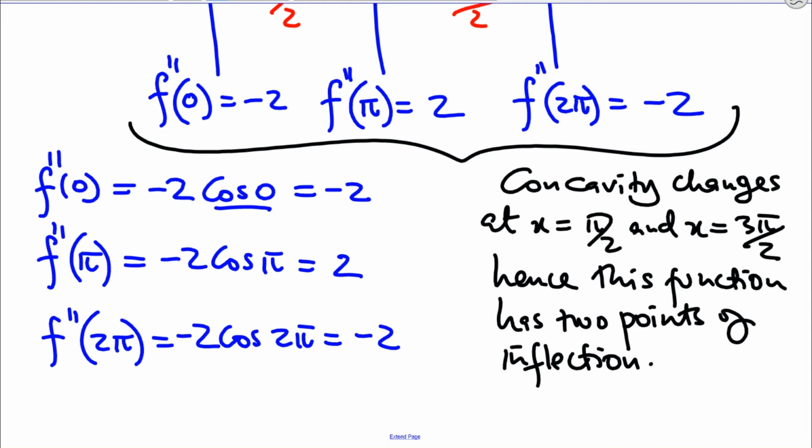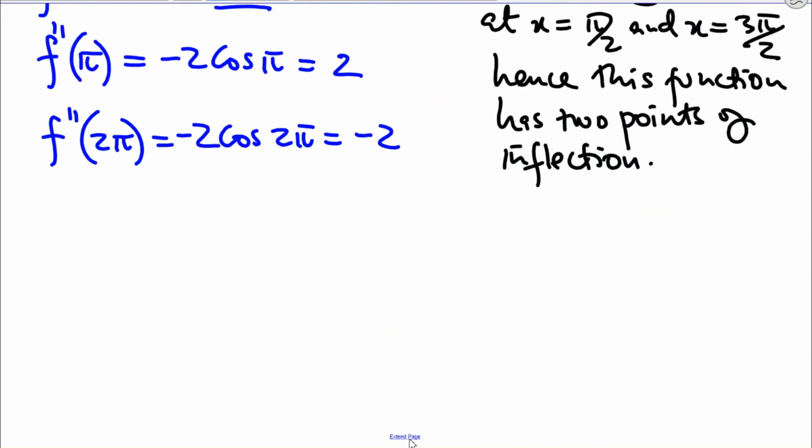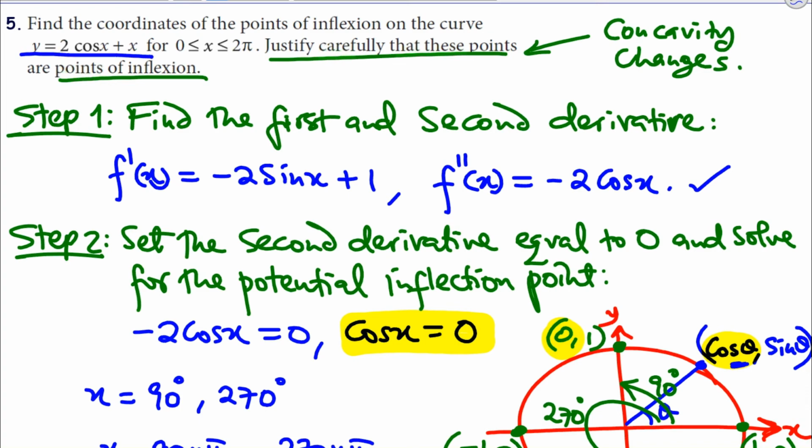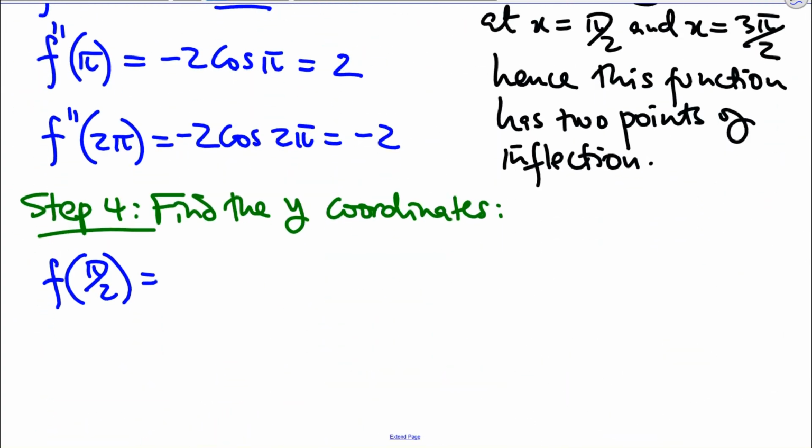So that leads us to step 4, we need to find the y-coordinates. So f of pi over 2 will be equal to, you plug that into the original function, 2 cos pi over 2 plus pi over 2, which will be equal to, cos 90 is 0, so that will just be pi over 2.